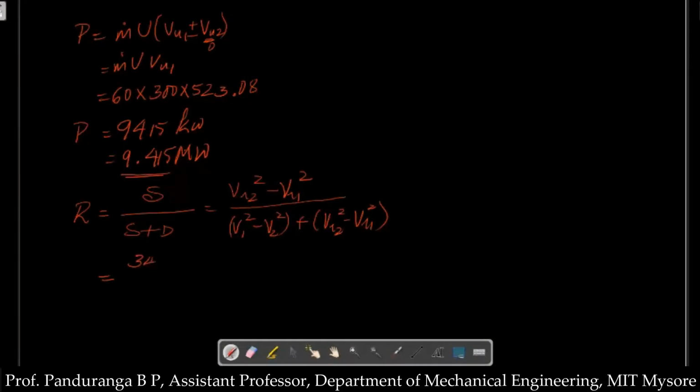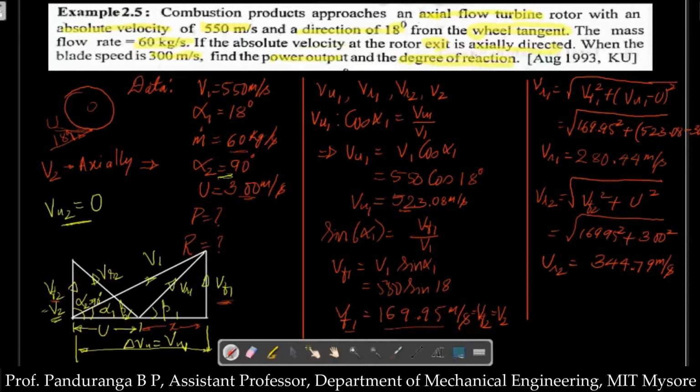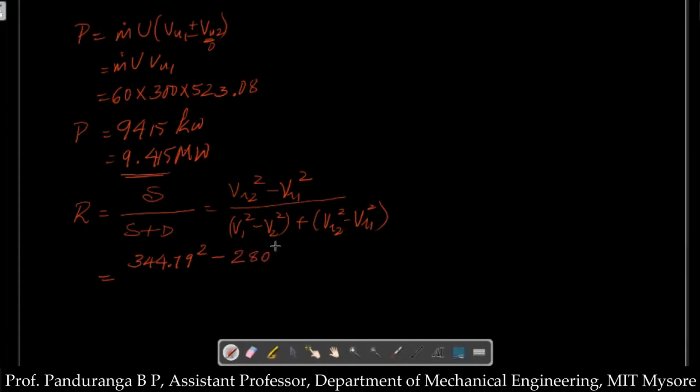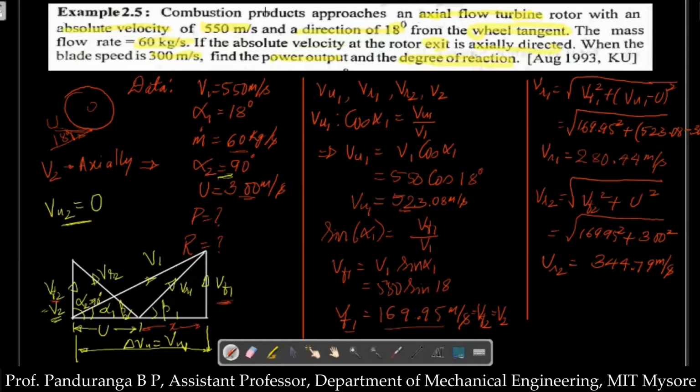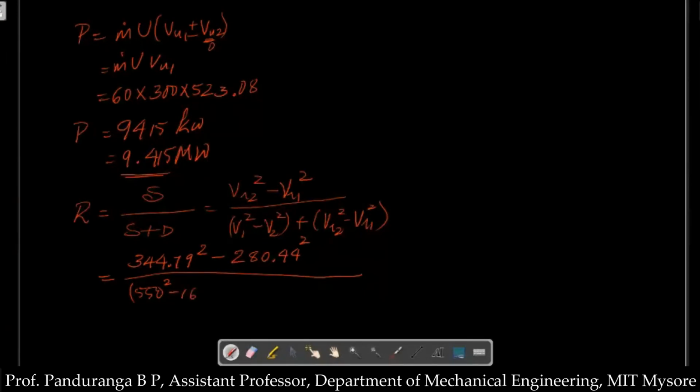So it is 344.79 square minus Vr1, which is 280.44, squared, divided by V1, which is 550 squared, minus V2, which is equal to Vf1, 169.95 squared, plus 344.79 square minus 280.44 squared.